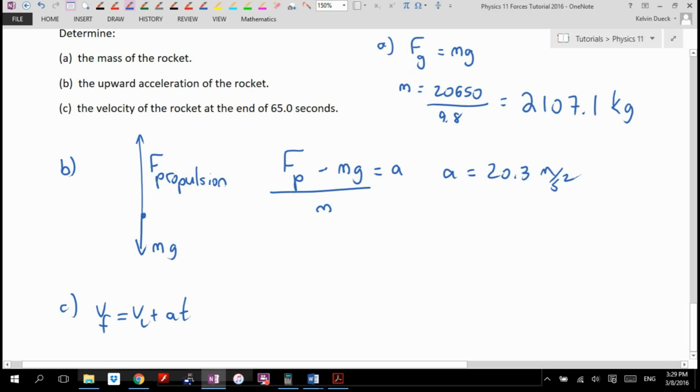For any rocket ship, what's VI always? Yeah, I've watched them launch. I've never seen them take a running start, right? Okay. I wrote 20.3. Once again, I use my answer button, right? Is that okay?